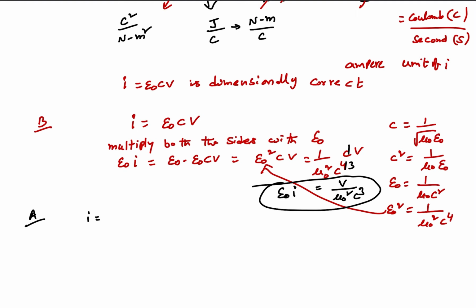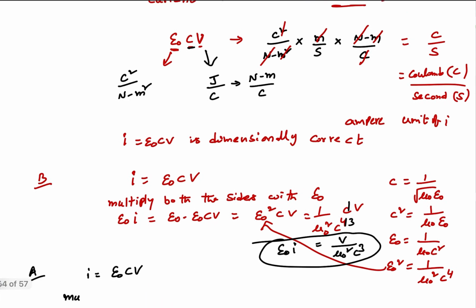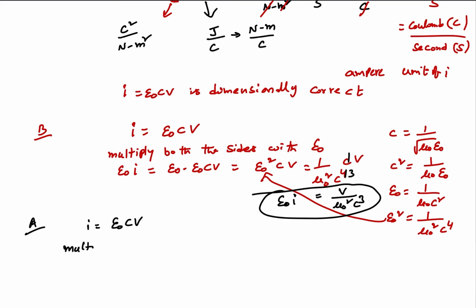Now check the first option, A: mu naught into I square is equal to epsilon naught V square.